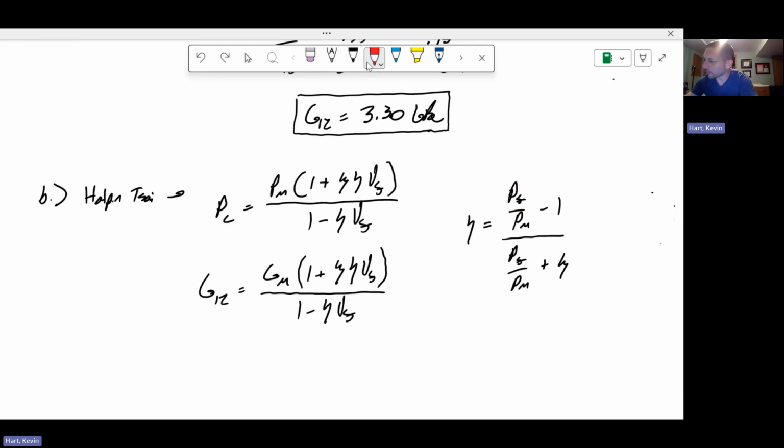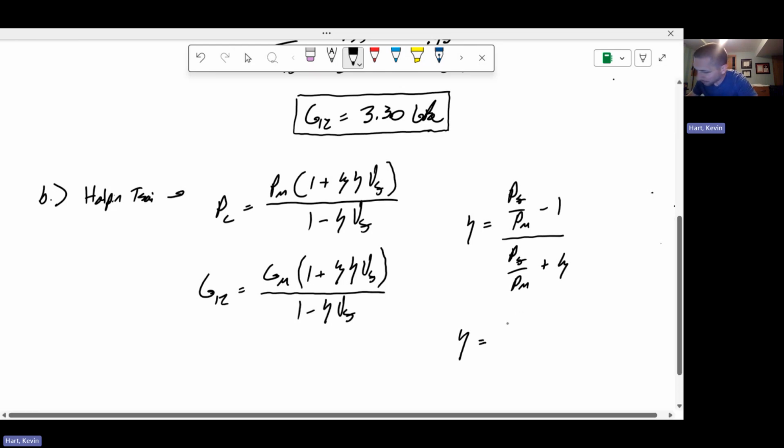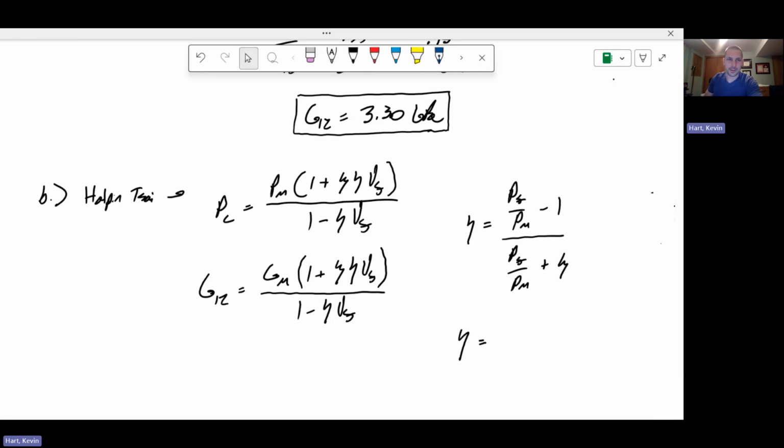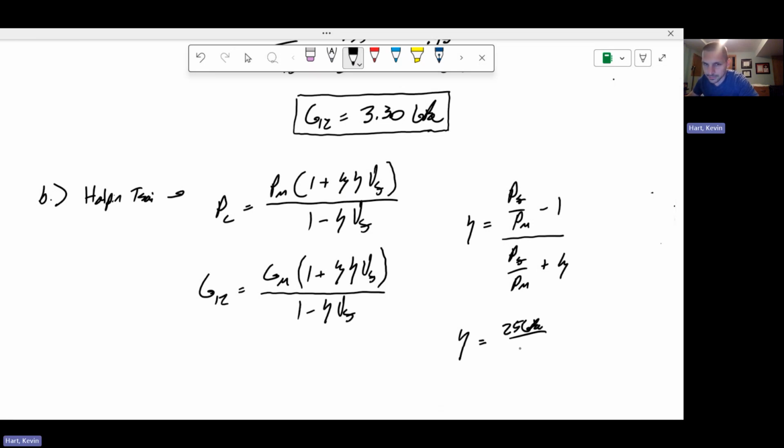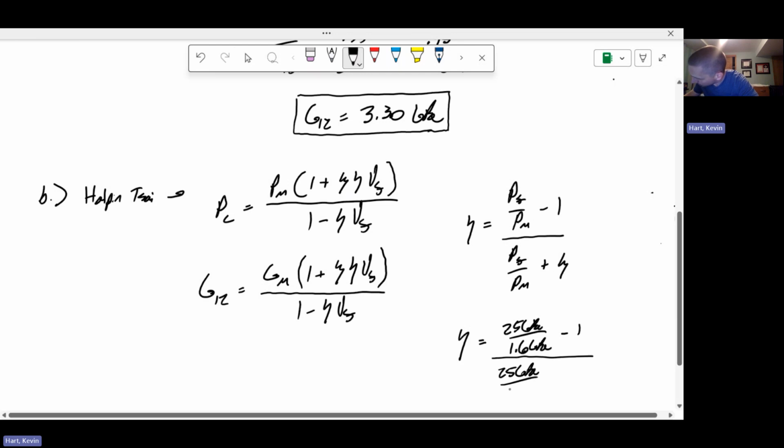So rewriting for shear modulus with xi equal to 1, eta is 25 GPa over 1.6 GPa, minus 1, all in the numerator, divided by 25 GPa over 1.6 GPa plus 1.